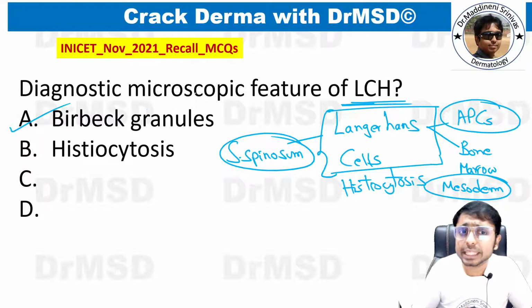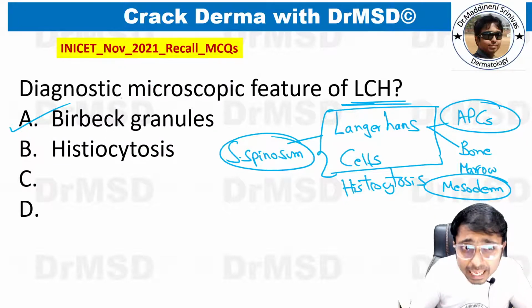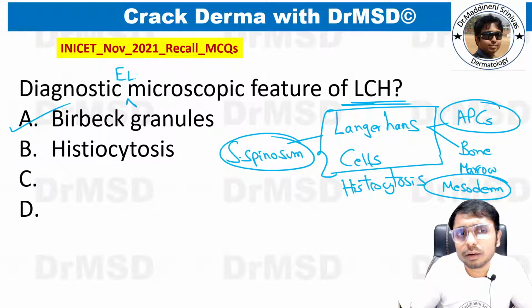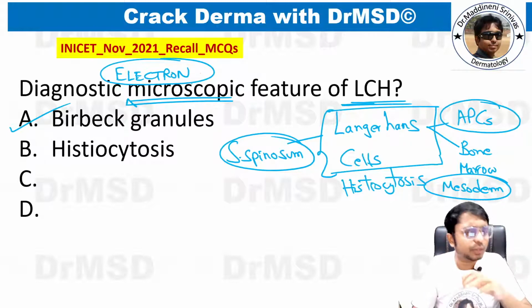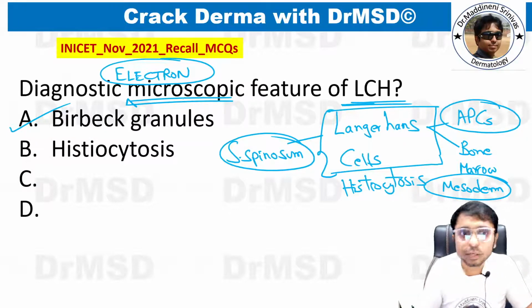And if there is a proliferation of these Langerhans cells and you observe them under the electron microscope, few students told me that sir, electron microscope was not mentioned, but still maybe the examiner just wants to give it roughly that you should think about electron microscope only.